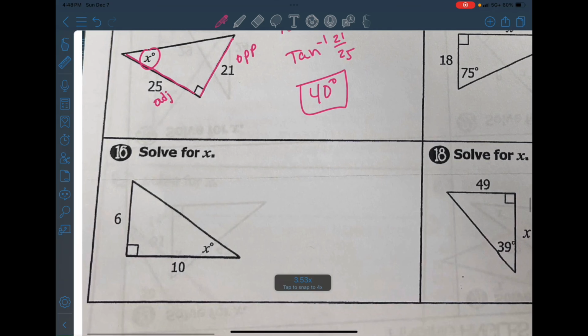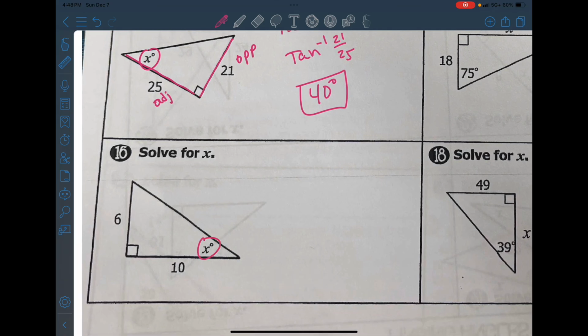Let's solve for x here, and it is an angle, so I'm going to use my second button. I don't have my hypotenuse. This would be my hypotenuse here, so I don't have that. I know I have my opposite and adjacent. Here's my adjacent.